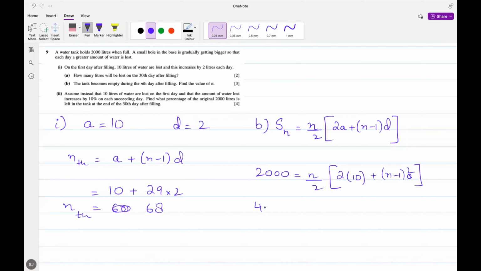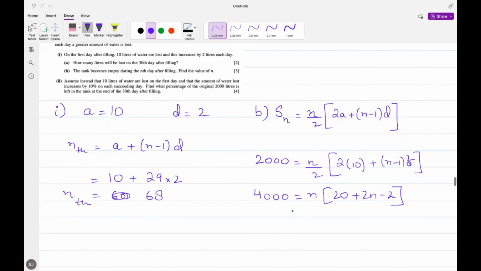Cross multiplying, we'll get 4000 is equal to n into (20 plus 2n minus 2). So 20 minus 2 will become 18. So this will be n into (18 plus 2n), which is equal to 4000. Opening the bracket, we'll get 18n plus 2n squared is equal to 4000.